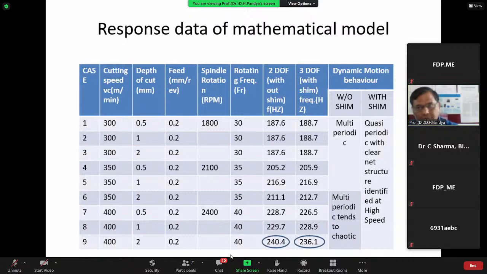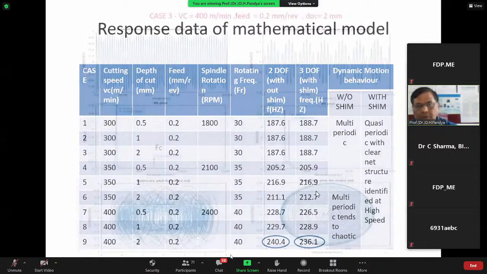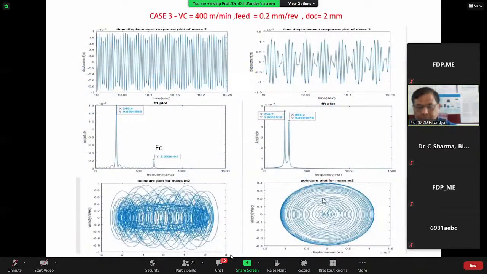From this overall conclusion, we are discussing only the three main cases at high speed, because significant responses are observed at high speed. These three cases are displayed in our discussion. Here at high speed, a net structure is clearly shown.